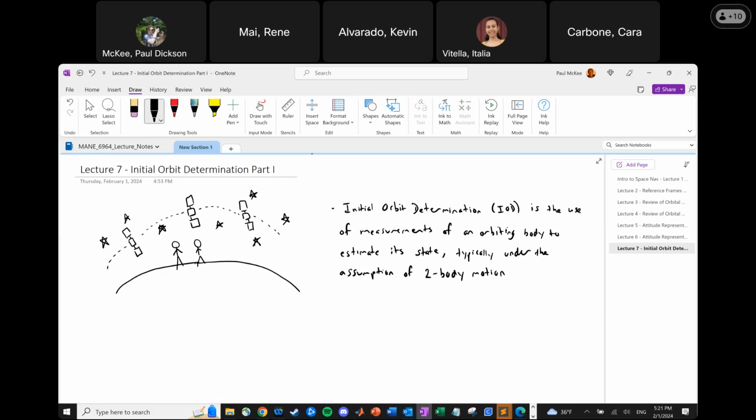So we're going to leverage the physics that underlie two-body motion to solve a lot of our math problems here. So we'll start down here.